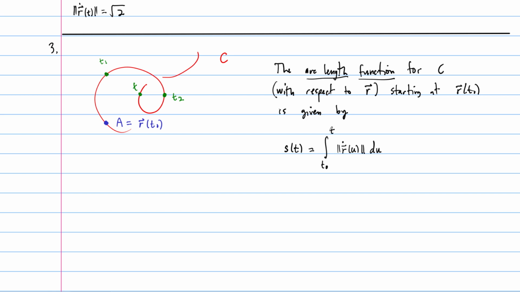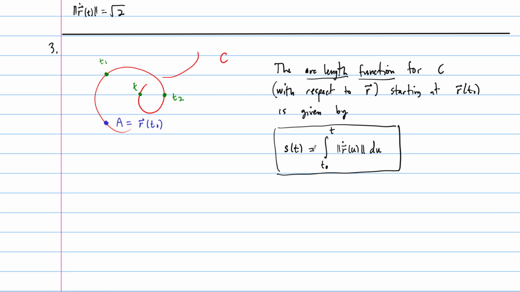So the t is now up here, and we've got an integration variable, which I'll call u, down here. And so this is our arc length function for any curve that's parameterized by r, right? So it's with respect to the parameterization. t0 is a fixed number, and t up here is allowed to change, right?